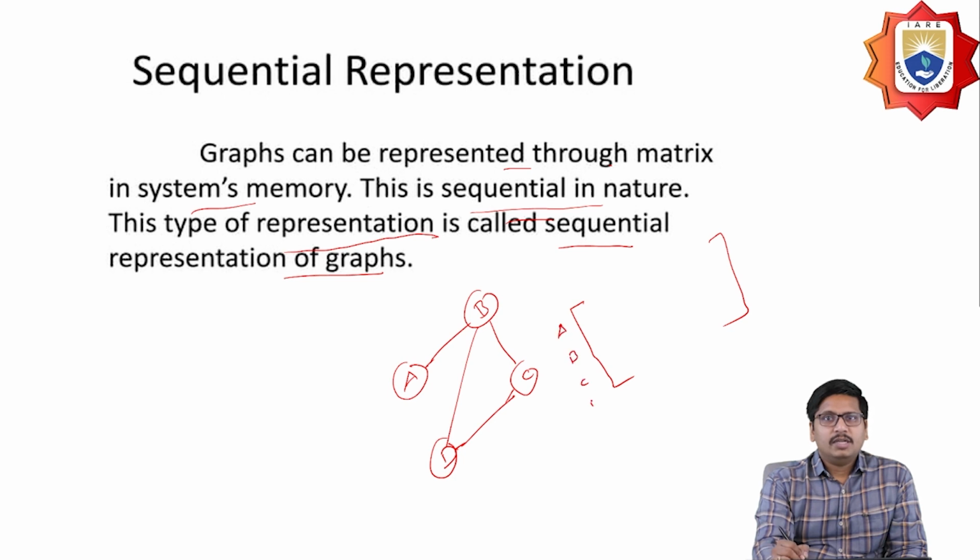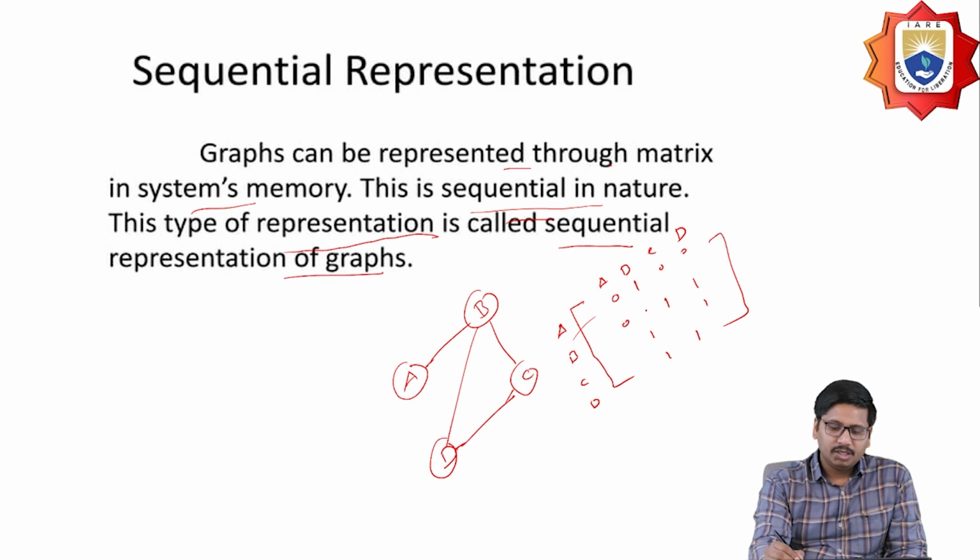Whatever edges are there, I construct, and whenever there is an edge, I mark it as 1: B to D, B to C, D to B, and D to C, C to B, and C to D. The remaining entries should be zeros since there is no edge there.